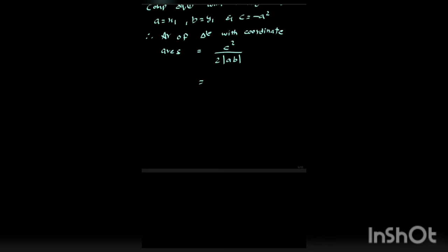That is minus a square whole square by 2 mod a, where a is x1 and b is y1. So minus into minus is plus, and a square square, that is a to the power 4. So a to the power 4 by 2 mod x1 y1. So the area of the triangle is a to the power 4 by 2 mod x1 y1 square units.